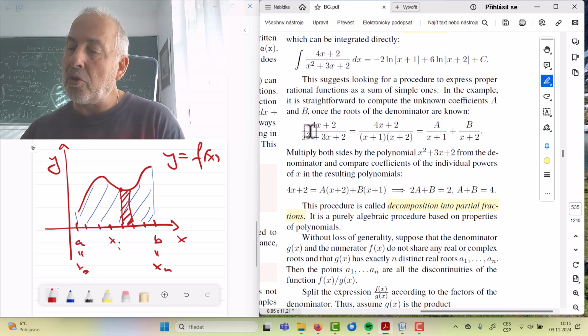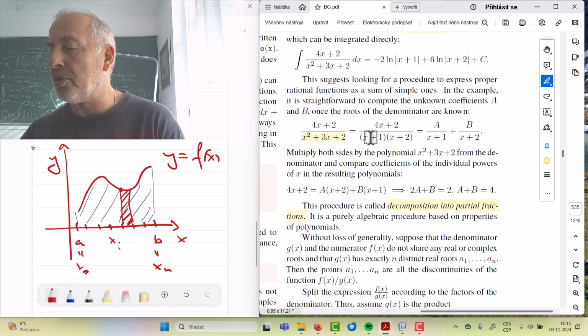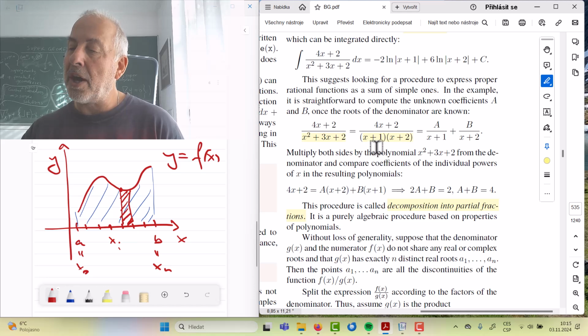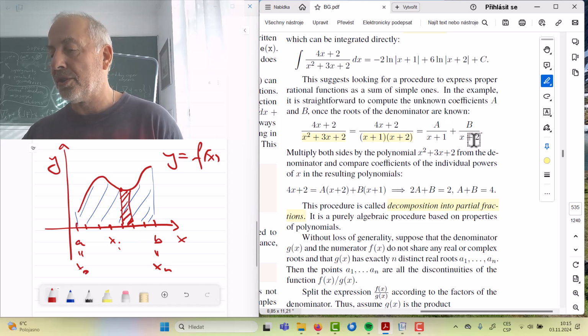It's a purely algebraic procedure, belongs rather to combinatorics than anywhere else, and it simply works with the fact that if you are able to decompose the denominator polynomial into root factors, and they are all with multiplicity 1, you can write it in this way, always.